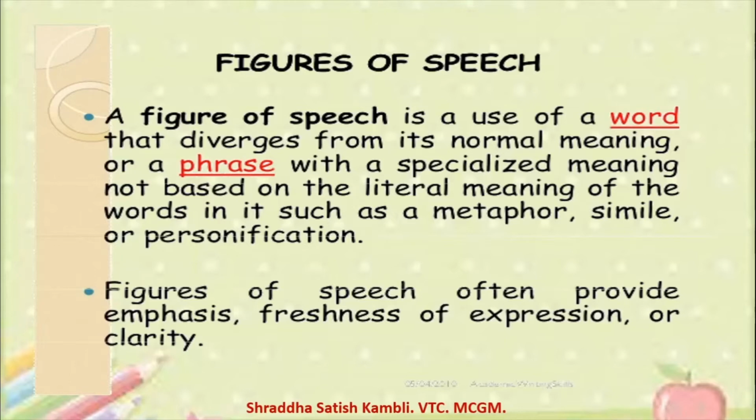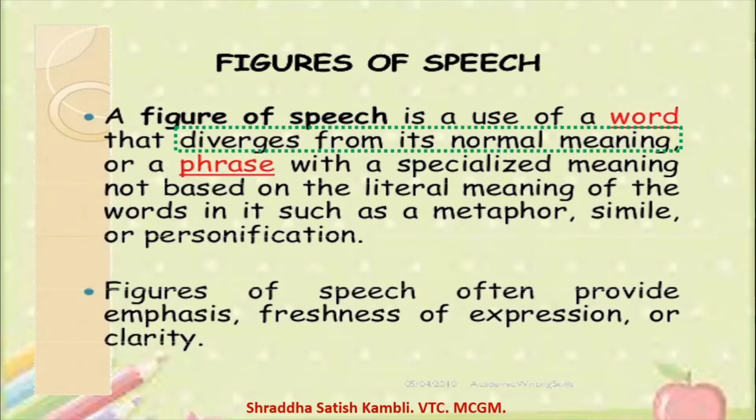A figure of speech is a use of a word that diverges from its normal meaning. Diverges from its normal meaning means when you say clouds in ordinary language, it means the clouds that you can see in the sky. But in poems sometimes you must have found words like clouds of gloom.